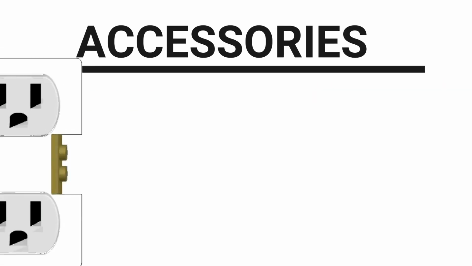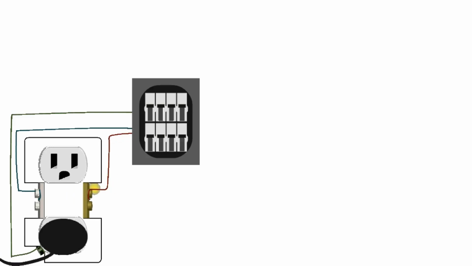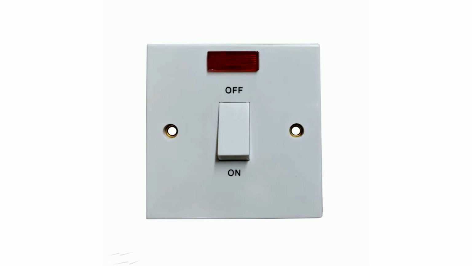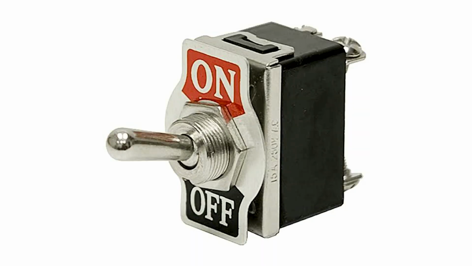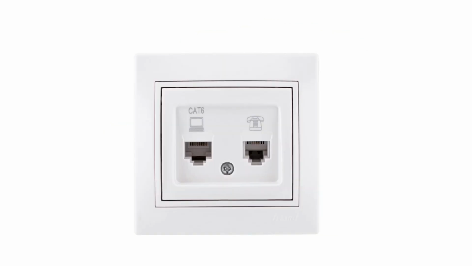Switches and sockets, which can also be called a receptacle or an outlet, are the high power accessories, while service outlets, which include CCTV, intercom, sound and home audio system, are the low power accessories.